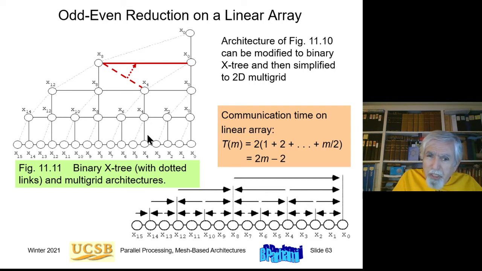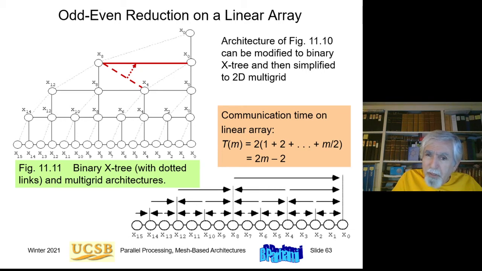So the communication time, instead of being 1 plus 1 plus 1 plus 1, will be 1 plus 2 plus 4 plus 8. So it will be 2m minus 2: m minus 1 going up and m minus 1 coming down. Okay, so we can perform that algorithm on a linear array using order m time.